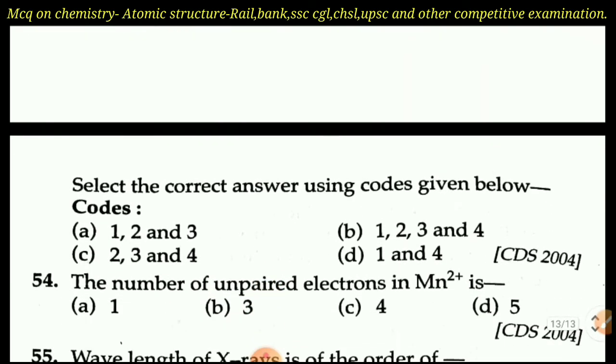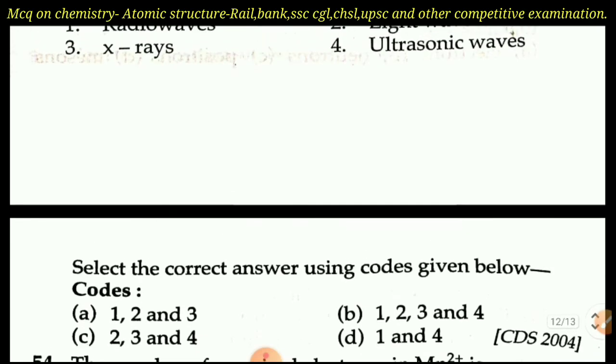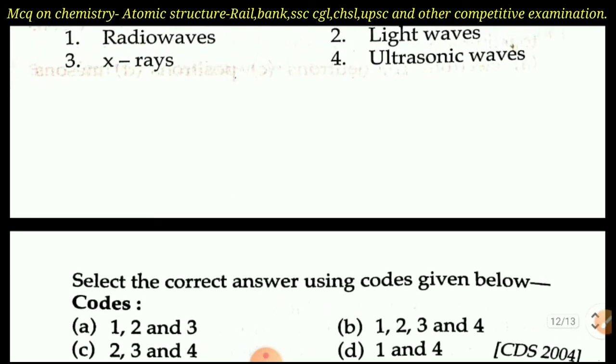The question says to select the correct answer using the code given below. Codes are: A, 1 2 3; B, 1 2 3 4; C, 2 3 4; D, 1 and 4.